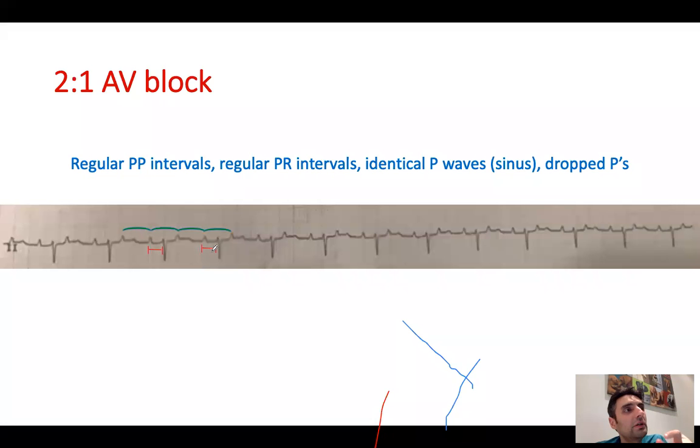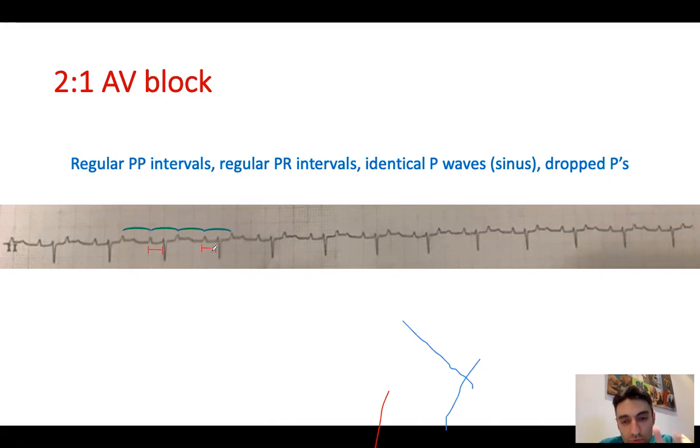Mobitz 2 means there is a dropped beat, a P that's not conducting, without preceding PR prolongation. In Mobitz 1, the PR gradually prolongs before the drop.